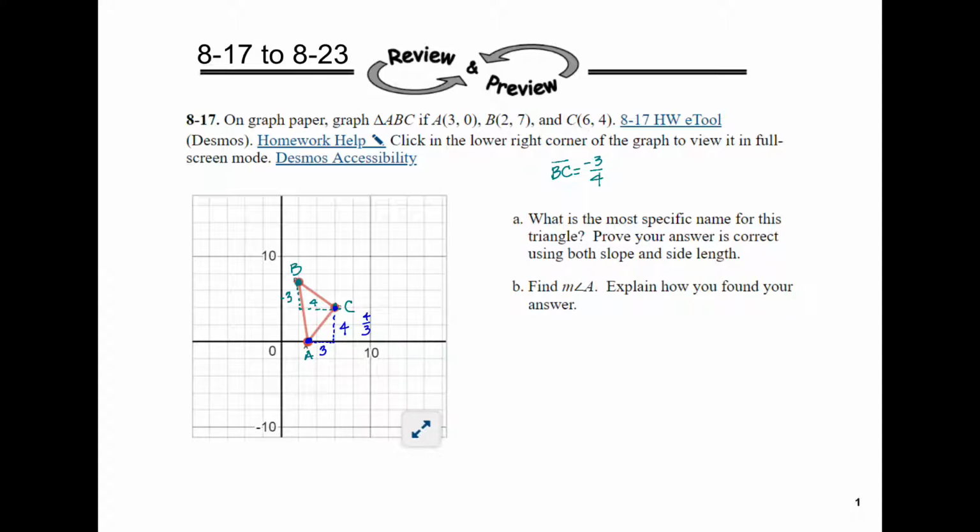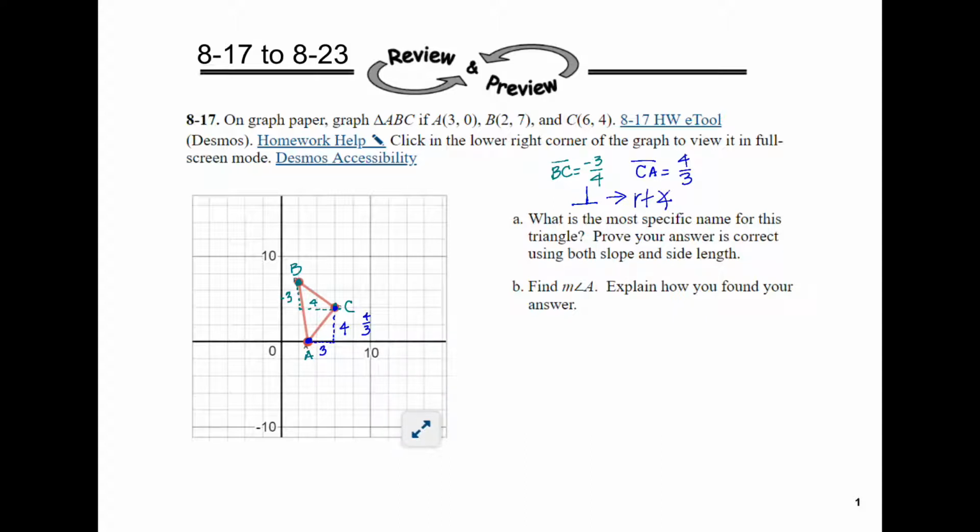I notice that my slope for line segment CA, 4 over 3, is the opposite reciprocal of line segment BC, which tells us these are opposite reciprocals, so we have perpendicular lines which form a right angle.